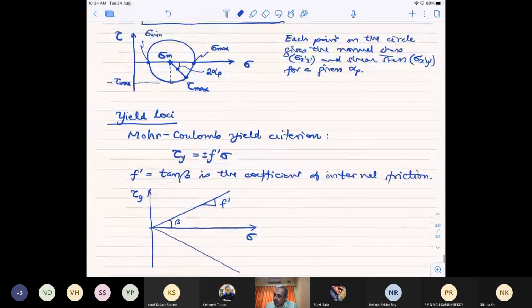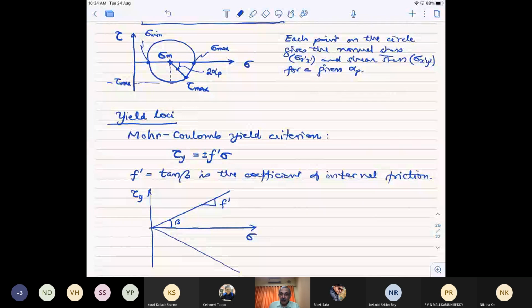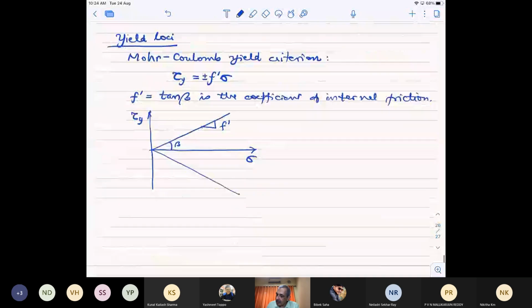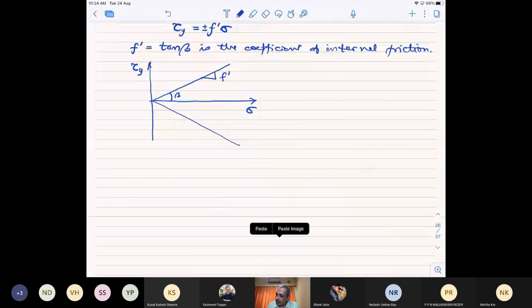So now we have two things. The stress actually always goes along the circle, and for a material to yield, you have to be on this line. So essentially what we have to do is combine this and this. Should I just draw another one?